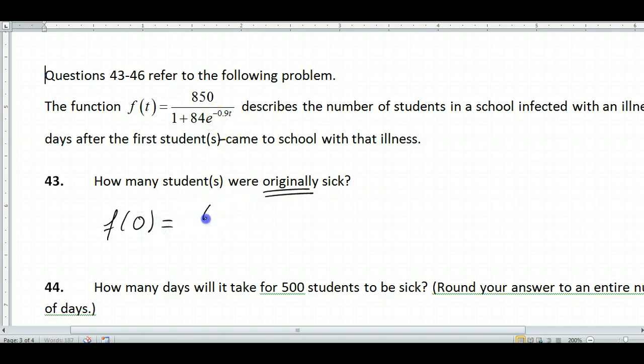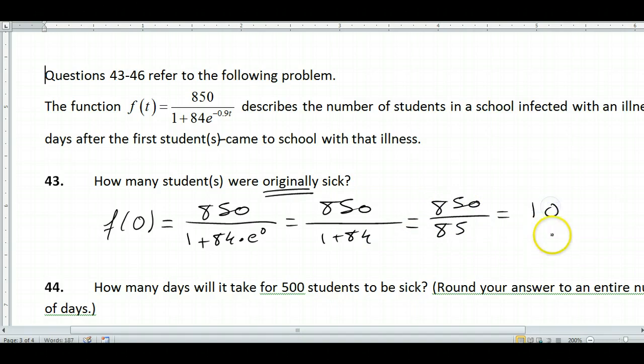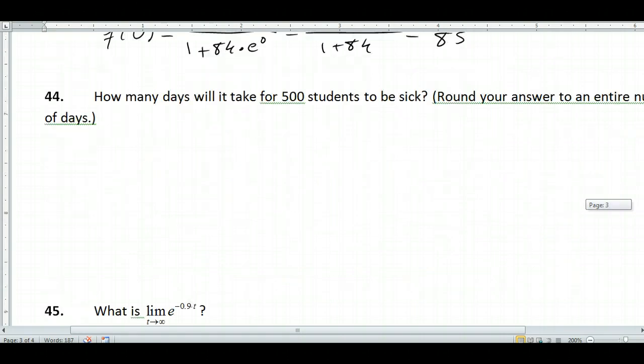So what do you have at the top? 850. At the bottom, 1 plus 84 times, well, this is 0, so what is e to the 0? It's just 1, right? So it's 850 over 1 plus 84. Look how nice it is. 850 over 85. So it's 10. 10 students were originally sick.